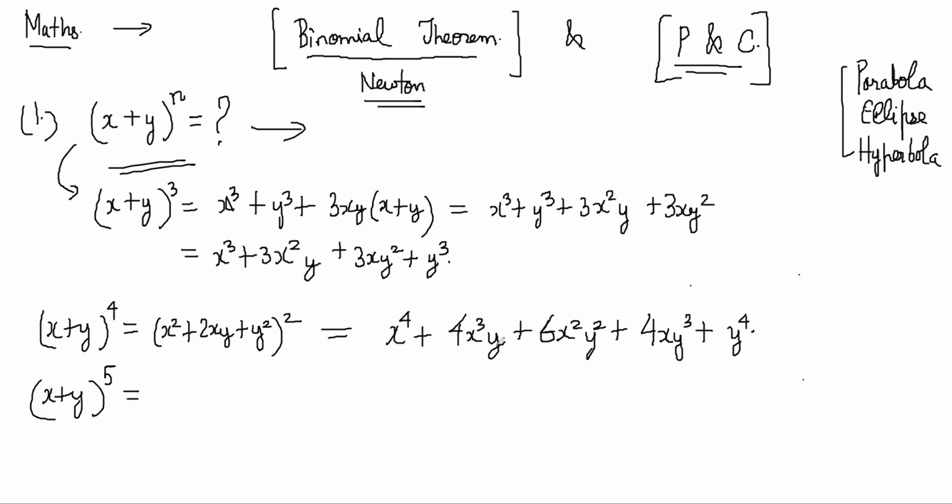Let's just look at the pattern here and figure out a way to figure out what these coefficients will be, right? There is something called Pascal's triangle. The first thing that we'll look at is Pascal's triangle.